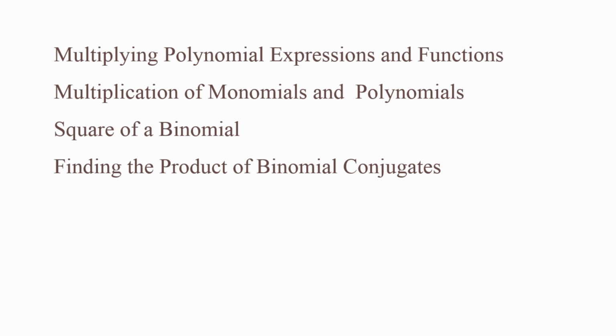Square of a binomial, I can use the formula (a plus b) squared equals a squared plus 2ab plus b squared, or (a minus b) squared equals a squared minus 2ab plus b squared. When finding the product of binomial conjugates, our middle term always cancels out. So if I have a plus b times a minus b, my result is a squared minus b squared.